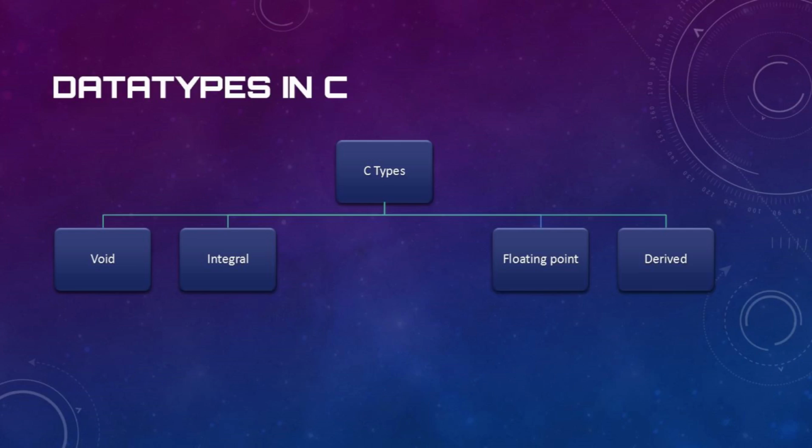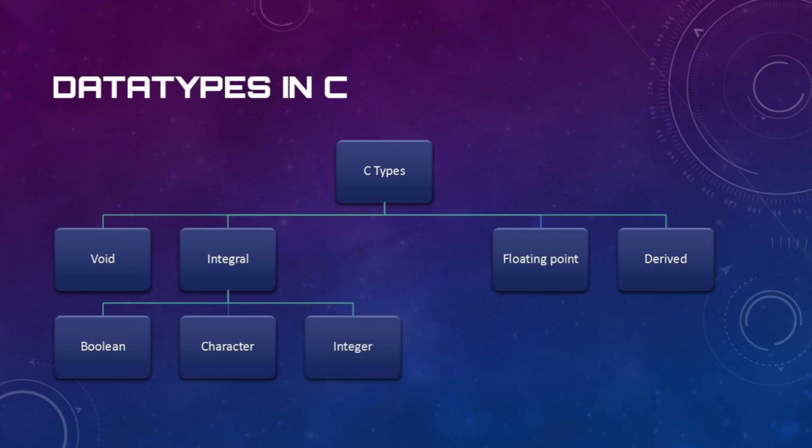Coming to the integral types, we have boolean, which deals with 0 and 1, where 0 represents false and 1 represents true. Coming to character, characters are nothing but any alphabet from your keyboard, including numbers and also symbols.